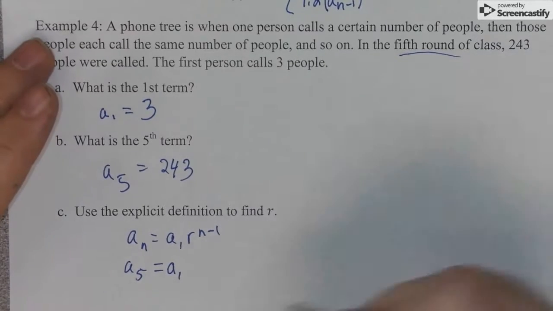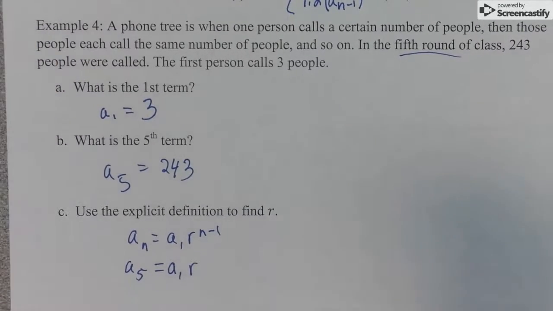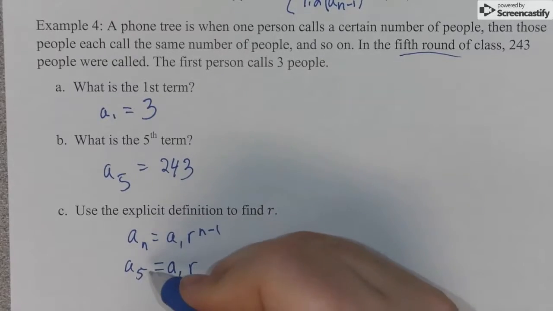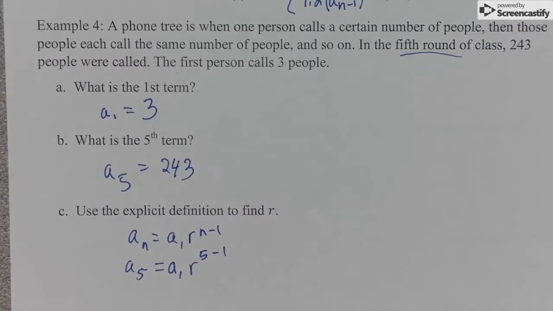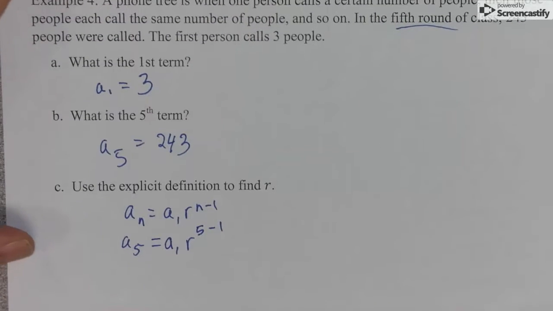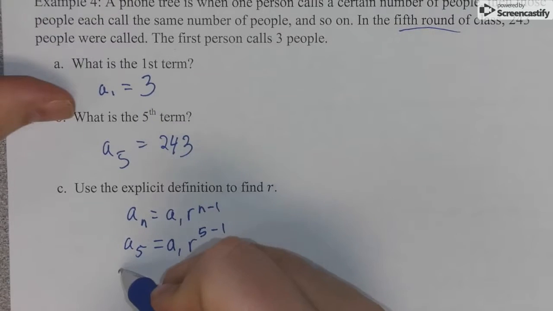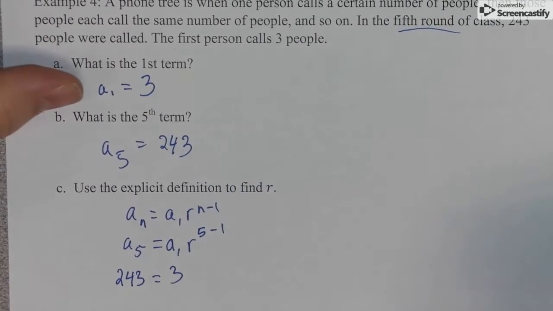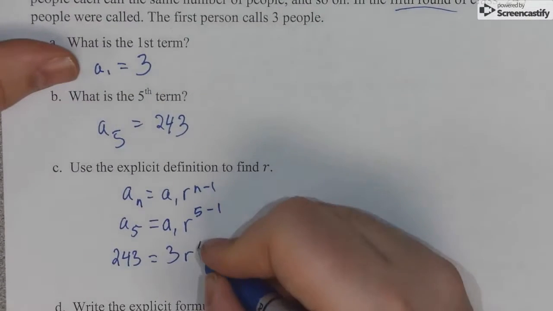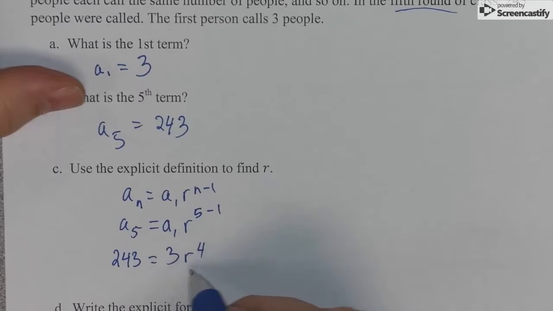For r, we don't know r, that's what we're trying to find. And n, we're going to use the same n we used for A sub n, so we'll use 5. Now I'm going to simplify this. A sub 5 is 243. A sub 1 is 3. I don't know what r is, and I could do 5 minus 1 and get 4. So we solve this for r.